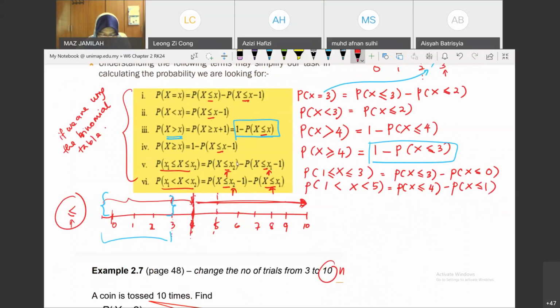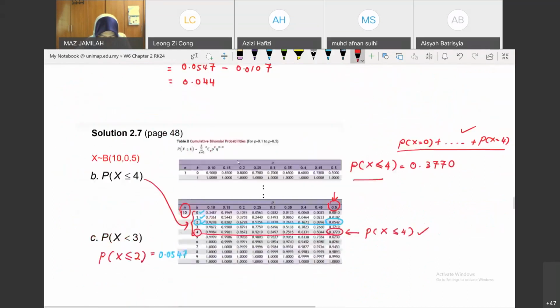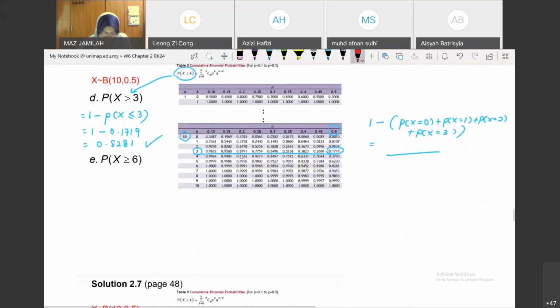Can you try, class? Can someone give me your answer? Anyone who got the answer?